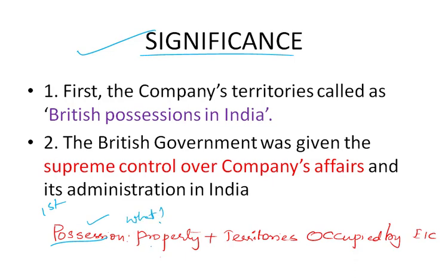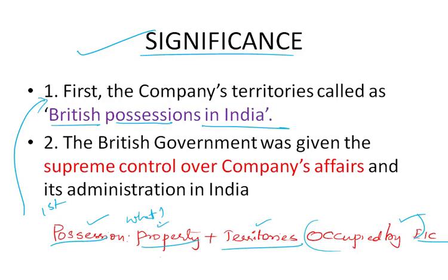What are these possessions? Possessions means all the property, occupied area or territories owned by the East India Company. For the first time these territories were called British possessions in India.